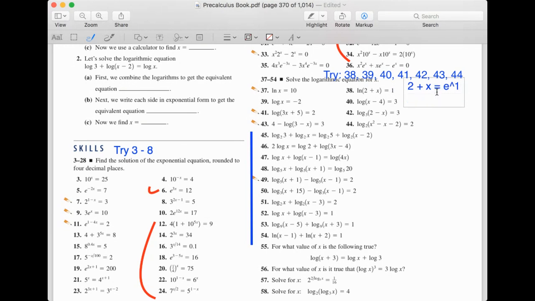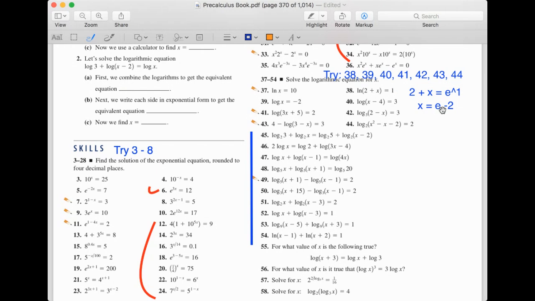So after that, we move the constant to the right hand side, minus 2 from both sides to get rid of the 2. So we're going to have x equals e minus 2. That's it, perfect.